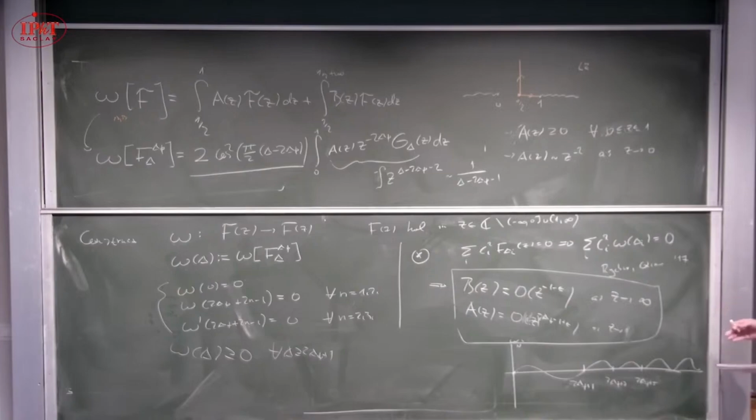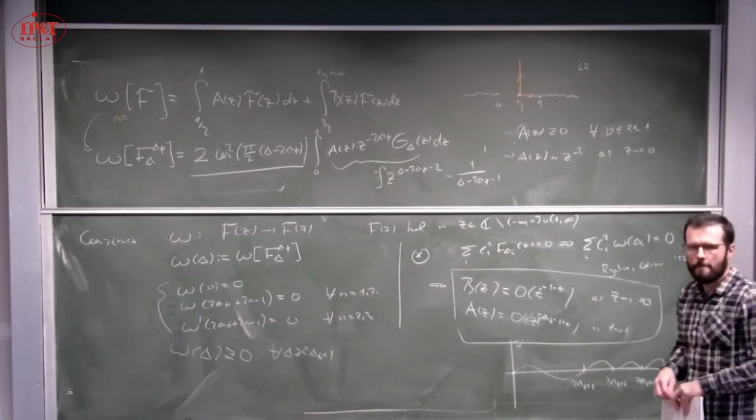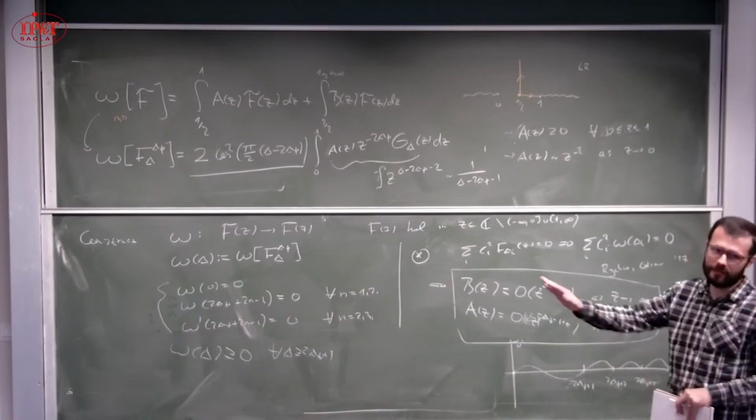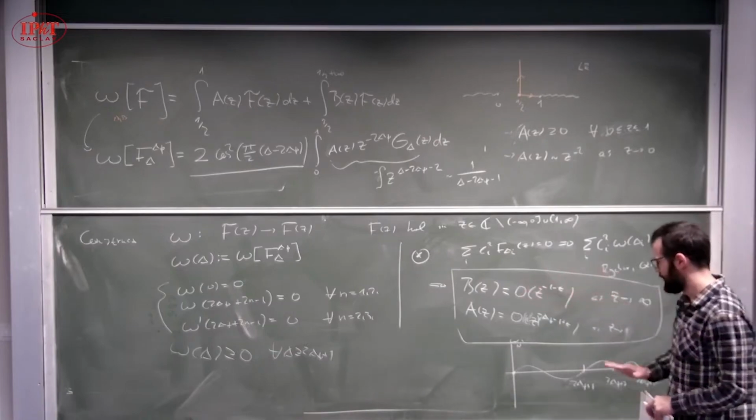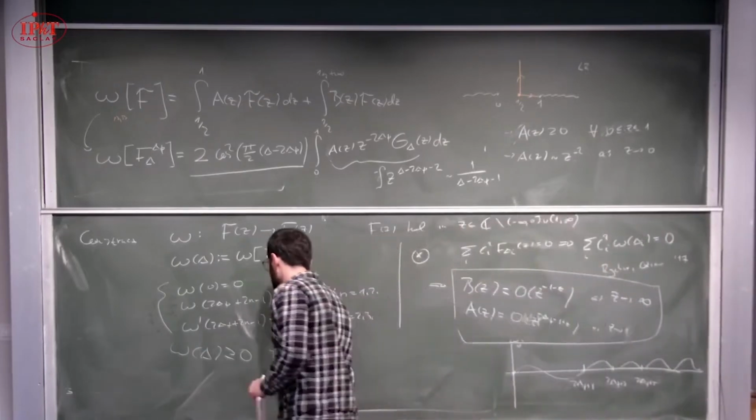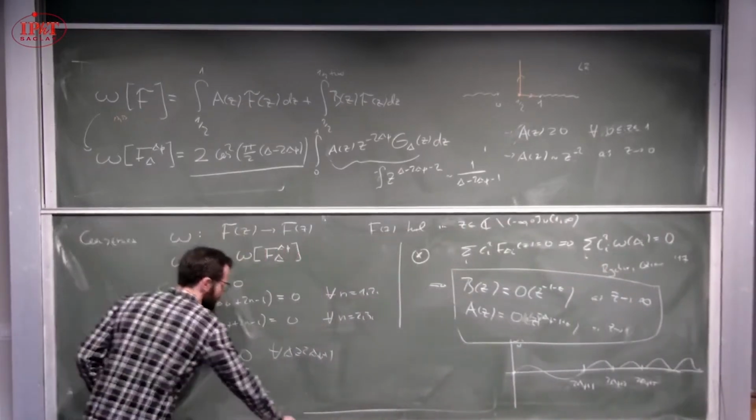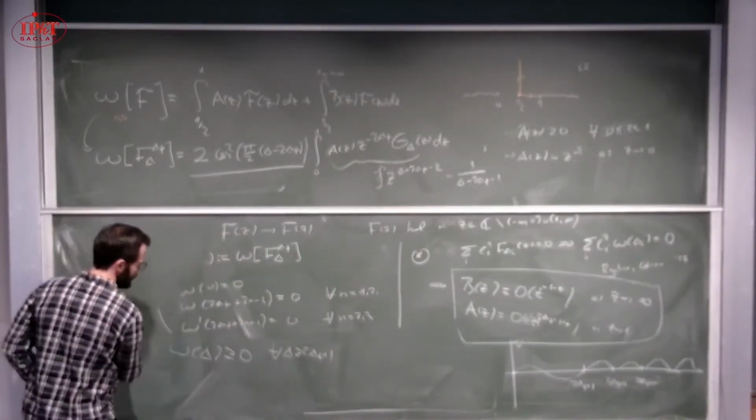But I want to motivate what we want from A and B before I actually find it. Contour modification. Yeah, that's all coming. Okay, so what's the contour modification? Maybe I should say this more clearly.